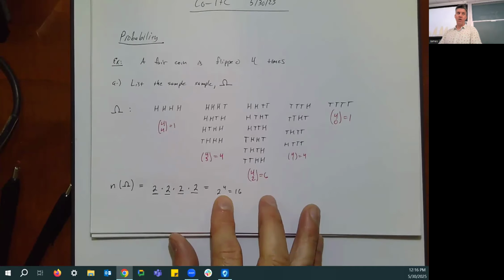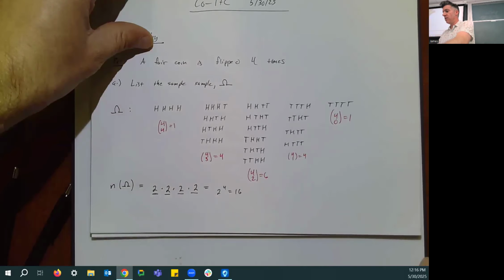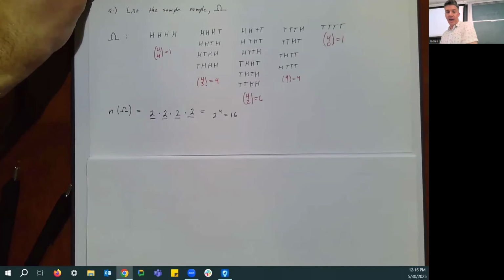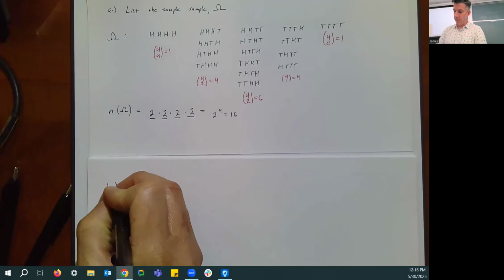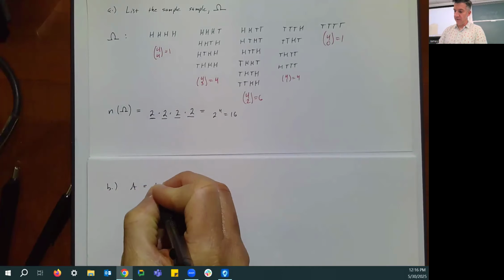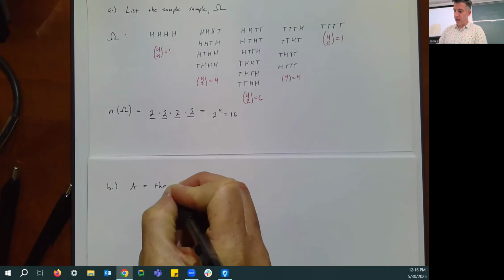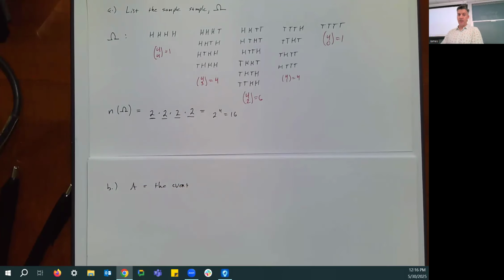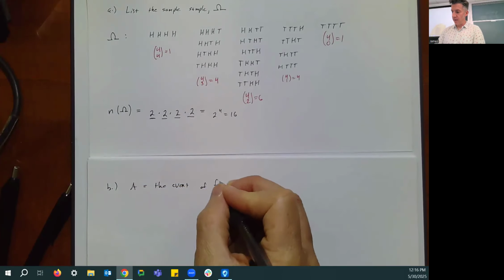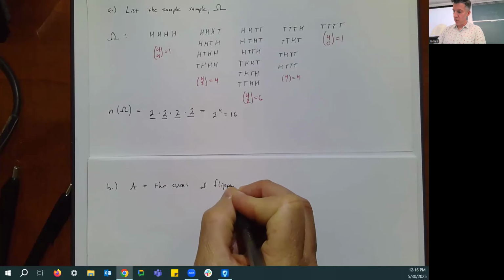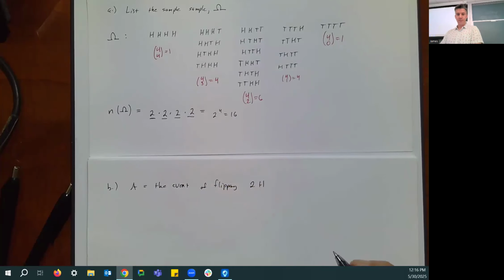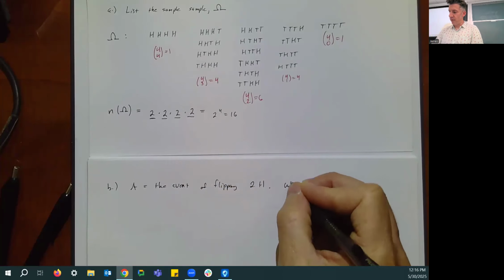Then we can start naming things. Let's say that A, capital A, is the event. We typically phrase things as events of flipping 2 heads. What's the probability of A?